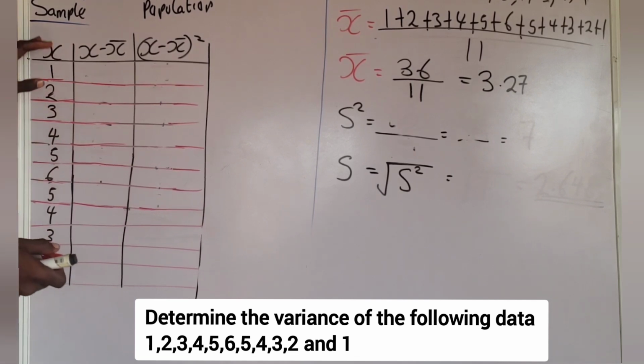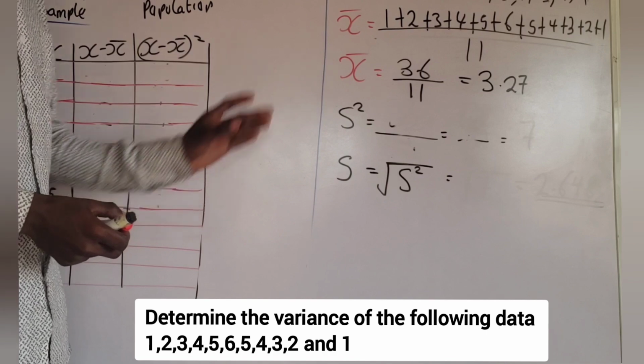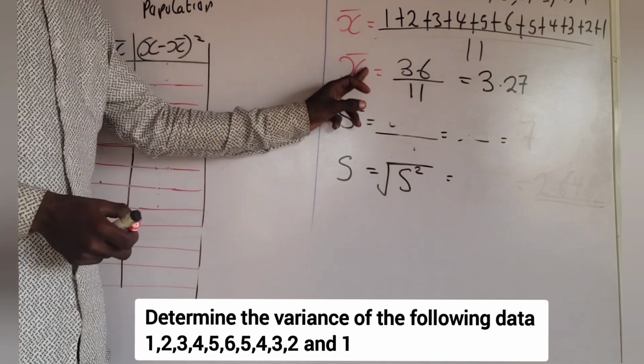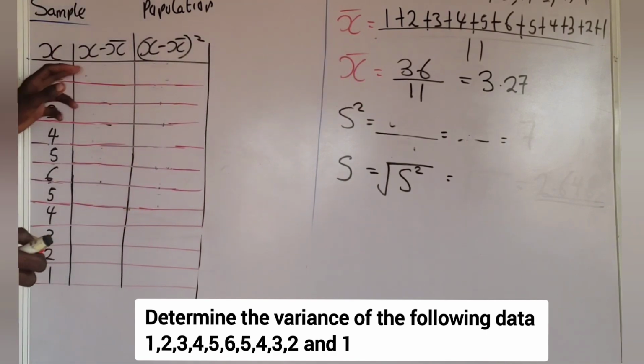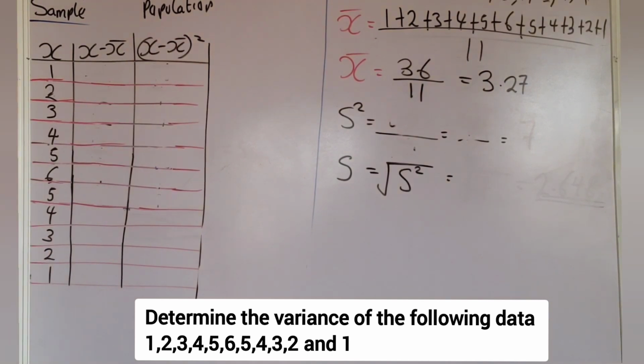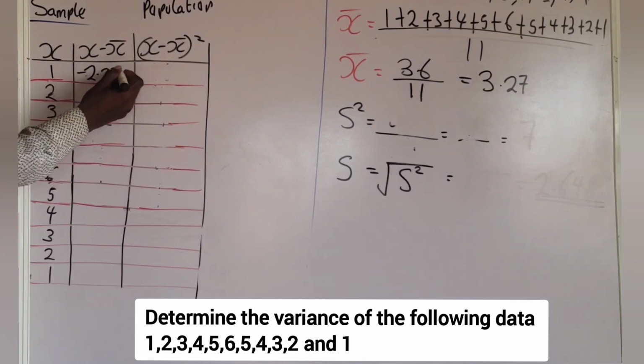That is, I'm going to take each value of x and subtract the mean from each value. For example, in this case, I'm going to have 1 minus 3.27. 1 minus 3.27 is negative 2.27. So here will be negative 2.27.